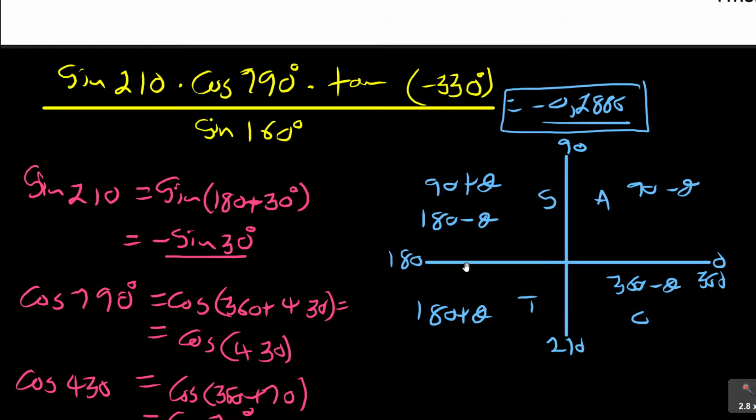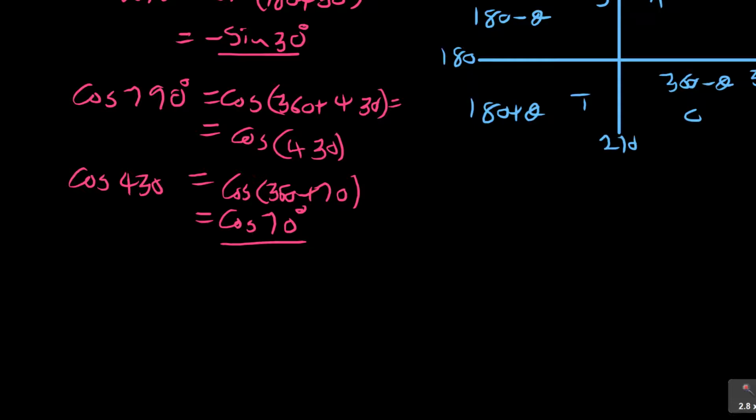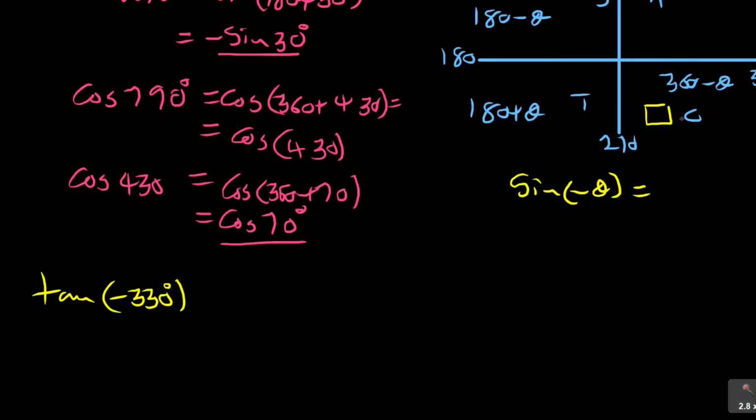Next, tan of minus 330. These are negative angles. Remember, sine of minus theta, a negative angle, means you are in the fourth quadrant. Cos is positive, sine is negative, tan is negative.